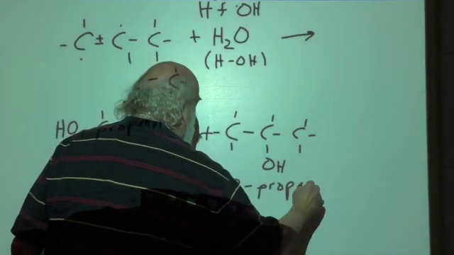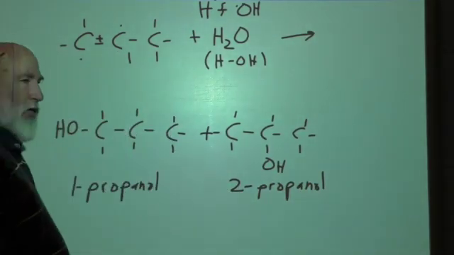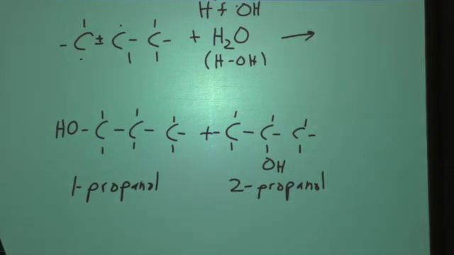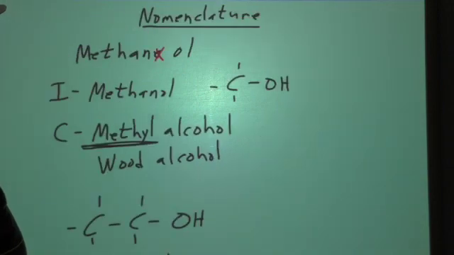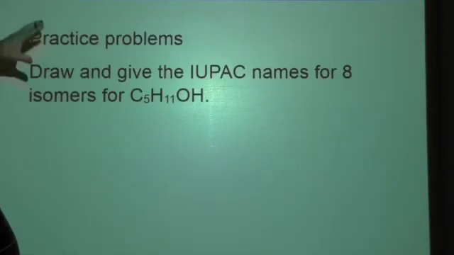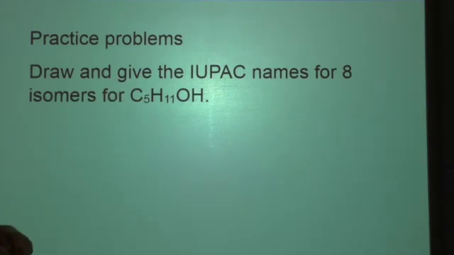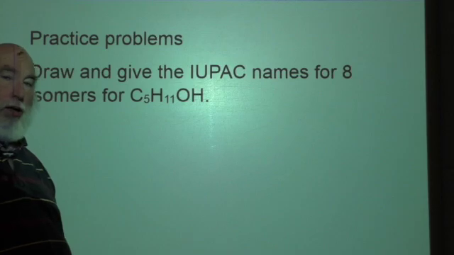And I'm going to focus mainly on the IUPAC system. It's a lot easier. That's how synthesis works. That's one of the synthesis reactions for alcohols. Your practice problems: draw and give the IUPAC name for 8 isomers of C5H11OH.